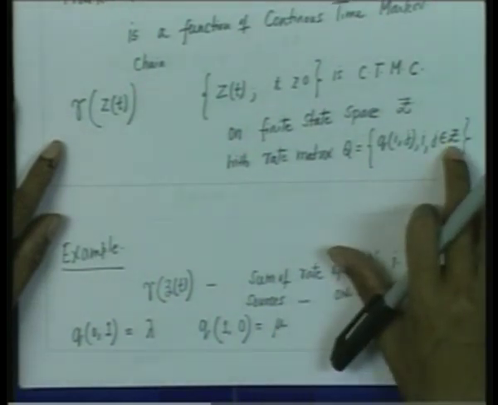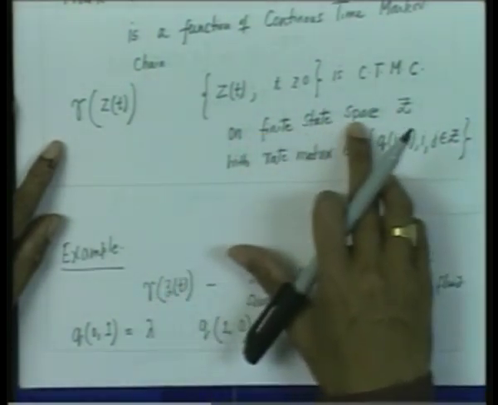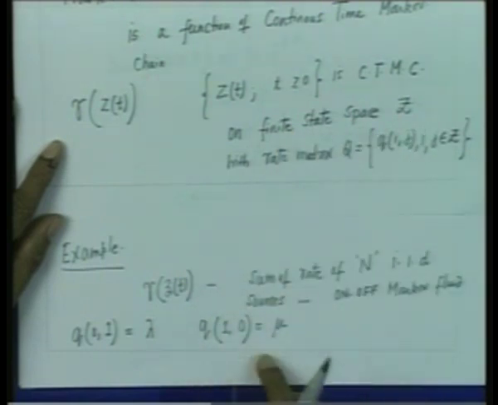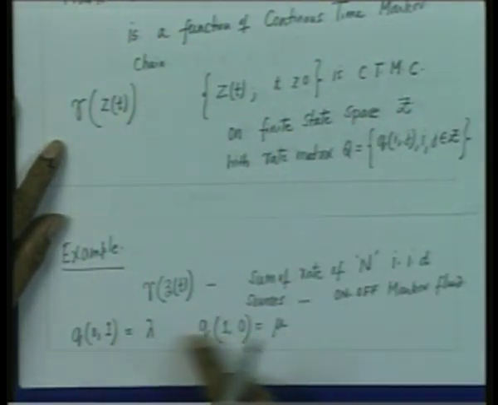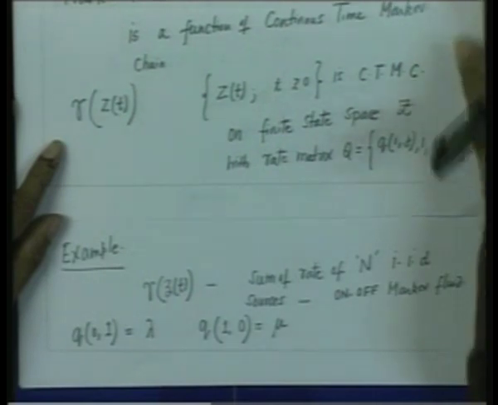So here Z was considered to be the finite state space. Here it has only two states, 1 and 0.